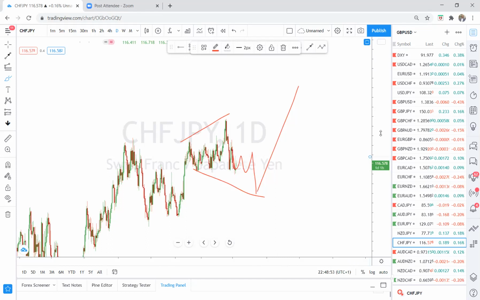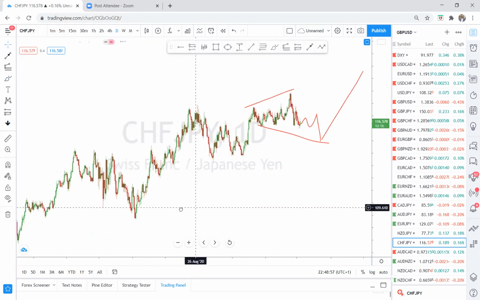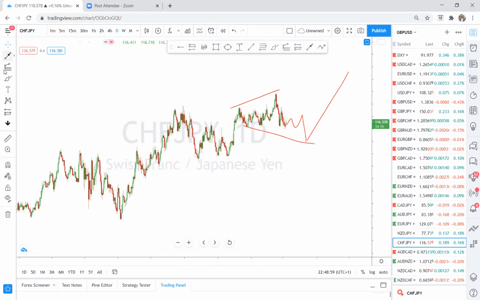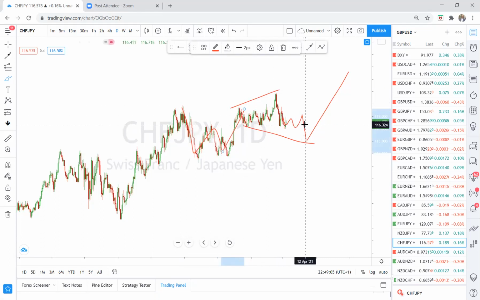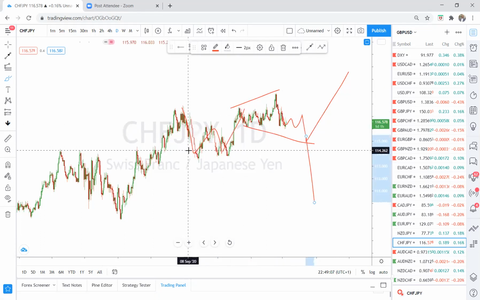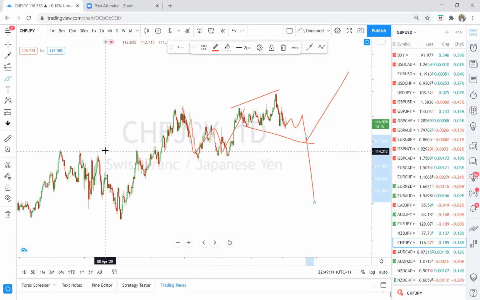Or it is possible that you have a structure that comes to break this low again. This correction here, you have a little push to the upside, then it's possible that this will break this low again. And if you break this low again, that will be a very good structure for us to play.